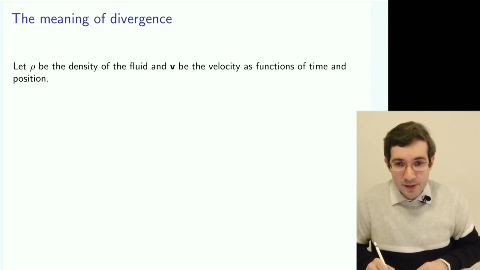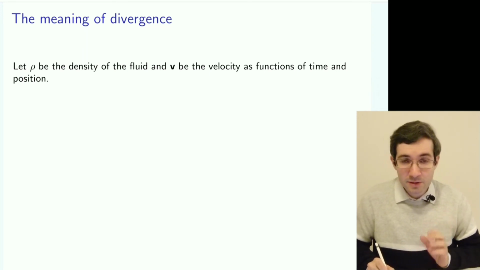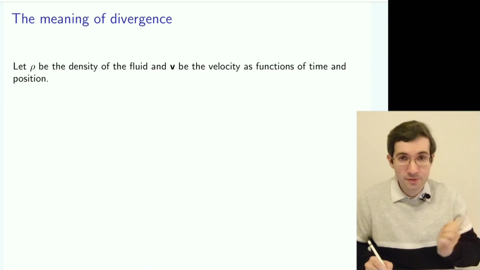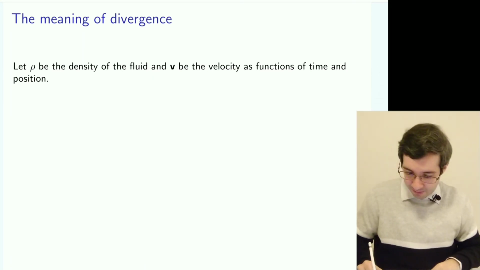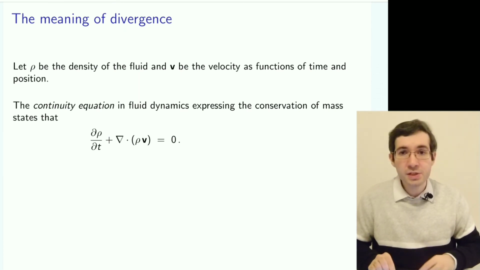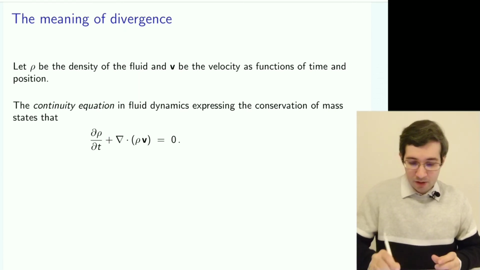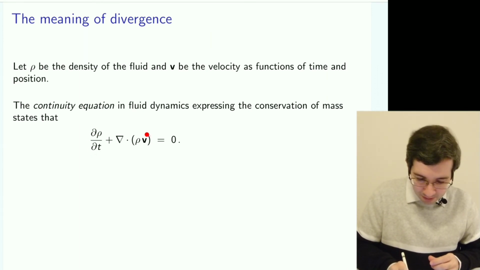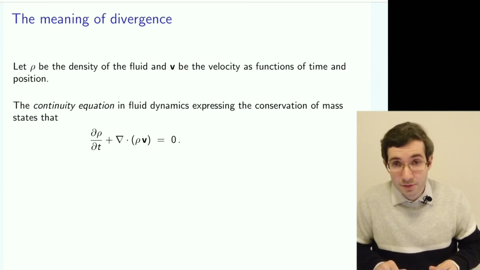Well, as we talked about density, actually we can write this as an equation to predict a relationship between the density of the fluid and the velocity. And this is called a continuity equation, which describes how the rate of change in the density relates to the divergence of density times velocity field.